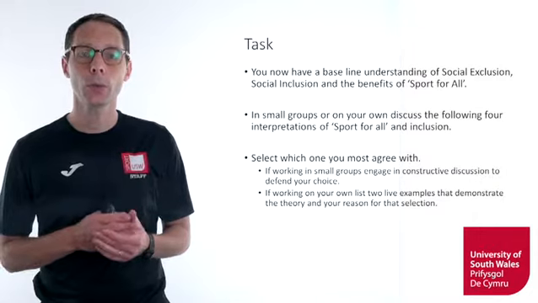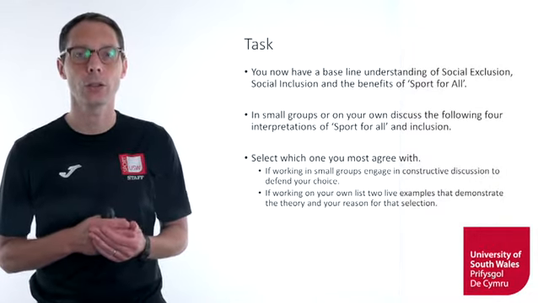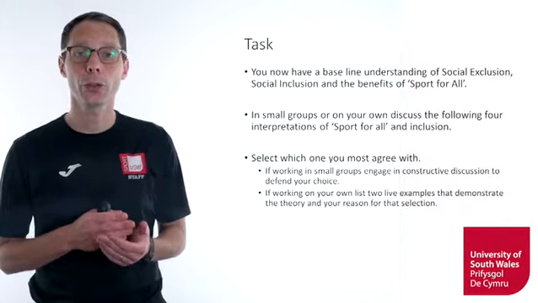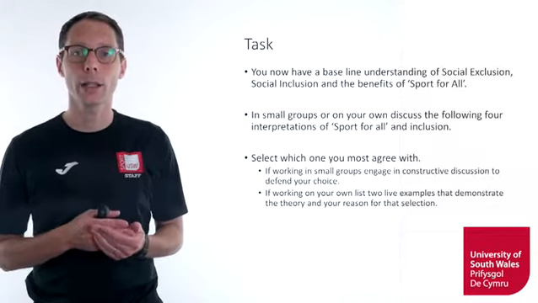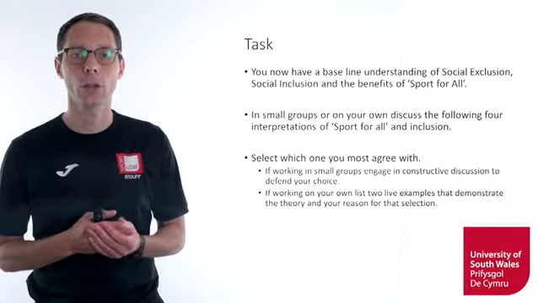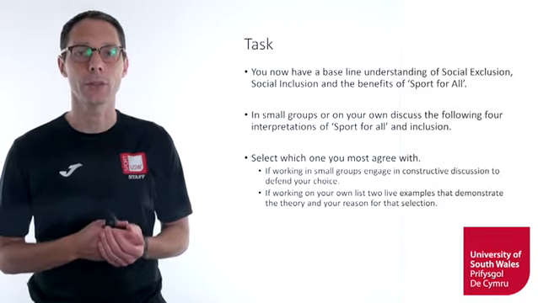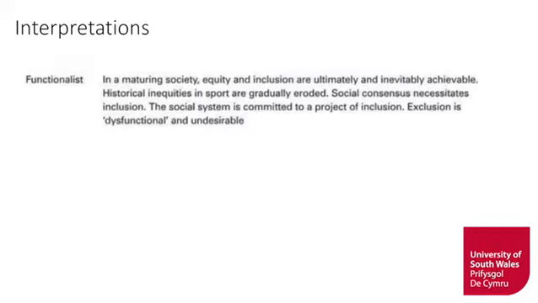If you're working in small groups, engage in constructive discussion to defend your choice. If working on your own, list two live examples that demonstrate the theory and your reason for that selection of that particular interpretation.